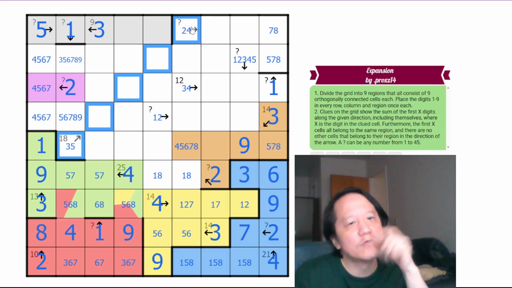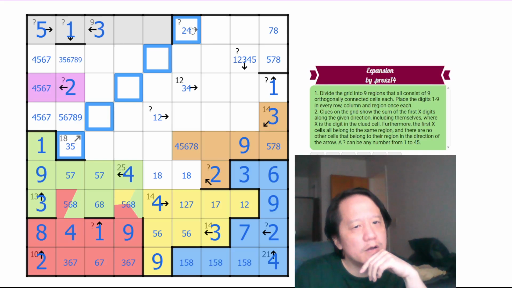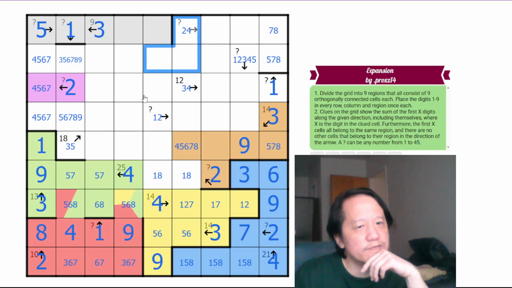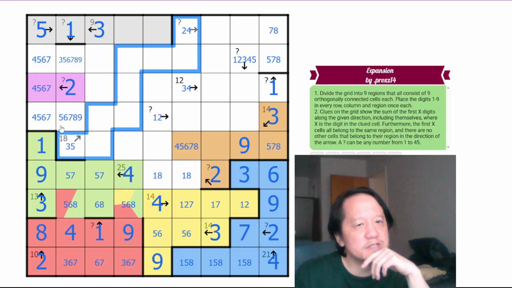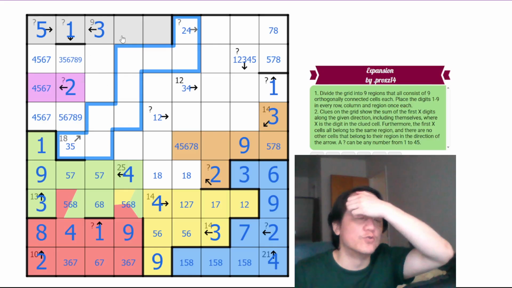Can it be 5? I don't know if it can. Because if it's 5, that's 1, 2, 3, 4, 5, 6, 7, 8, 9. But then this is not going to be able to form 2 full regions that way.